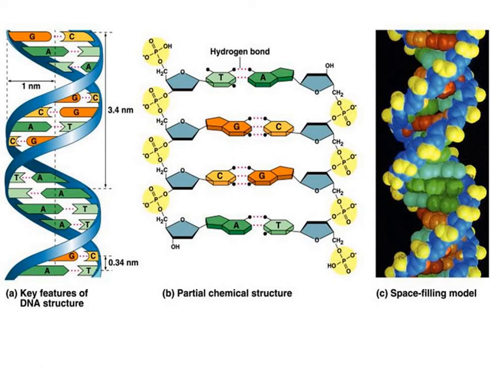There are two grooves in the helix, the major groove and the minor groove. The major groove has a width of 2.2 nm and the minor groove has a width of 1.2 nm. So these are the specific features of the DNA helical structure proposed by Watson and Crick.